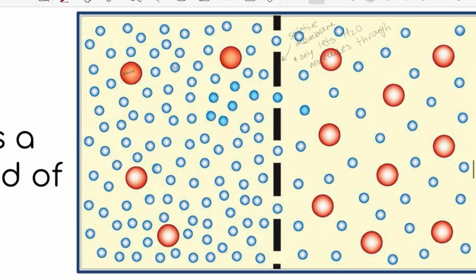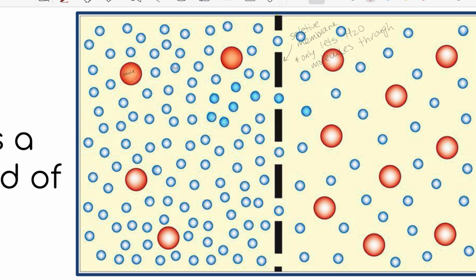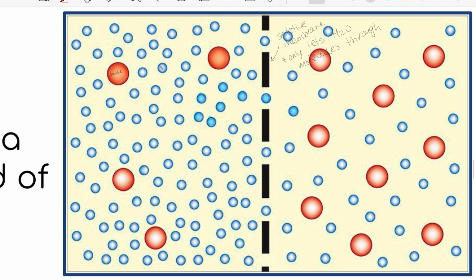Okay, so if we go back to this picture here, you can see that on this side over here, there's 1, 2, 3, 4 solute molecules, and this volume is the same as the volume on the other side.